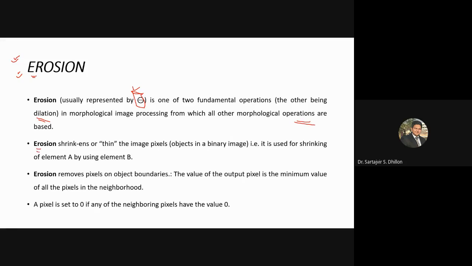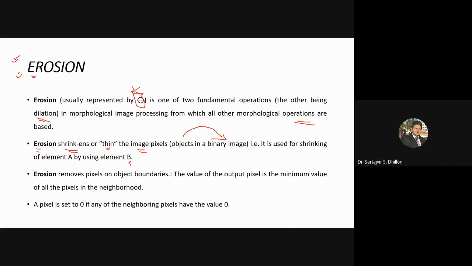Erosion basically shrinks the images, or thins the image pixels. Please note that this is concerned with the objects that exist within the binary image. It is used for shrinking of element A by using the element B, which is your structuring element.